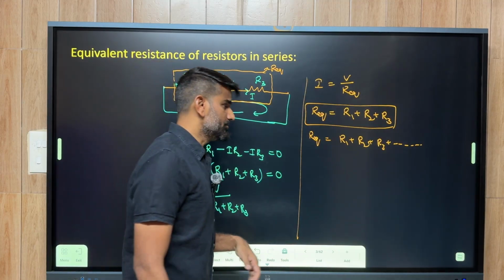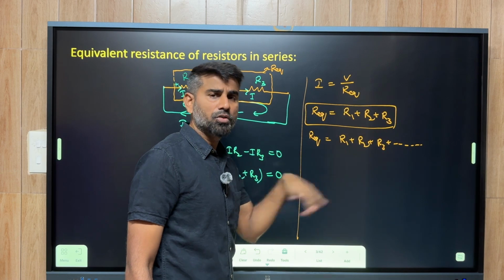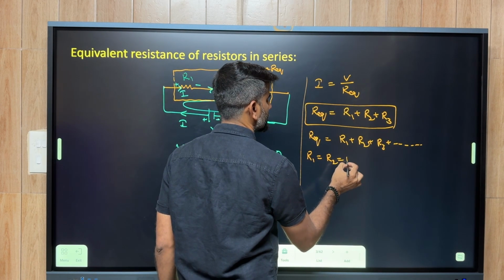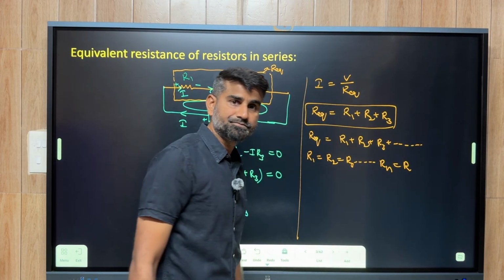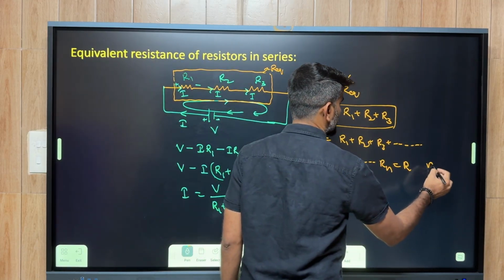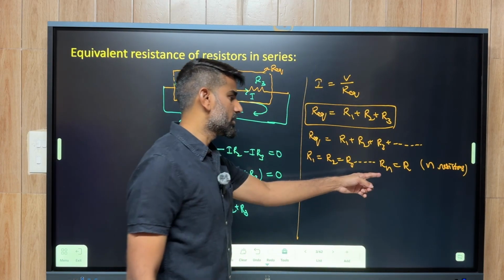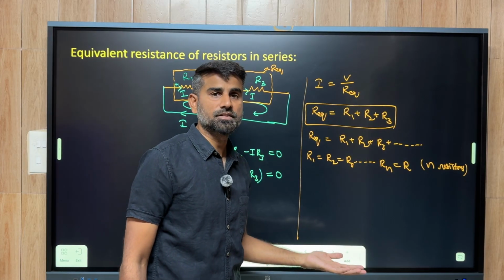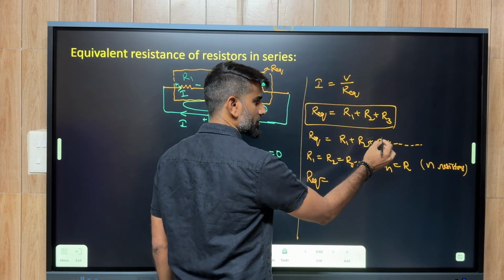Let us say we have n resistors, and the resistance of all the resistors is the same. If I connect n resistors in series, each with the same resistance R, then the equivalent resistance will be R plus R plus R, n times.